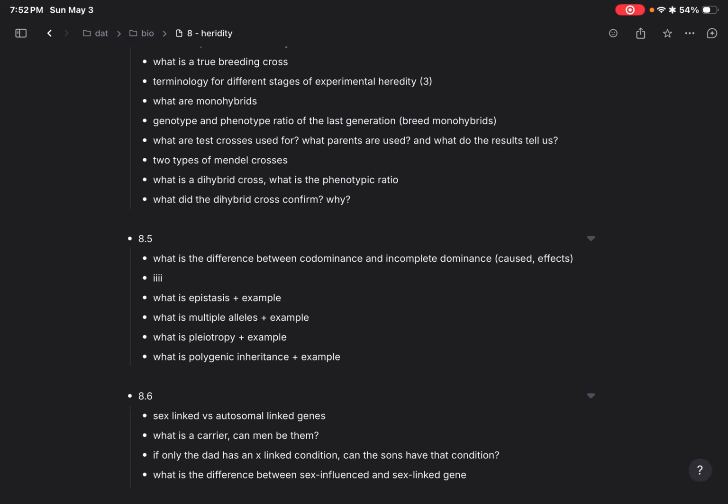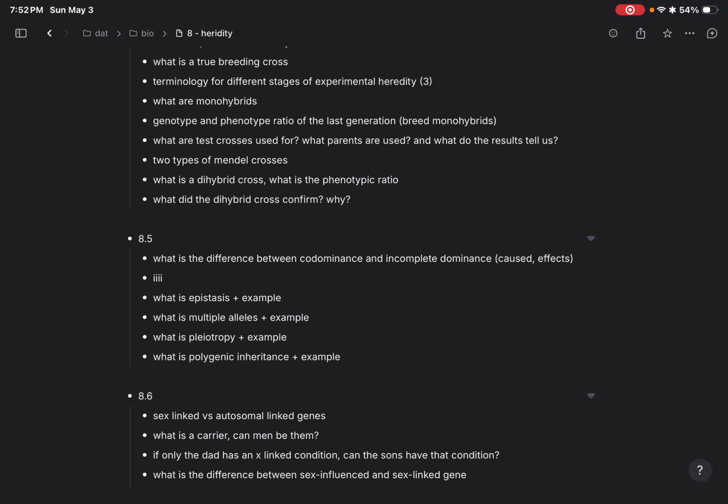What is codominance? Codominance is when you have two fully dominant alleles, and they're both equally dominant and both expressed in the phenotype. So if you have red and white, it'll be red and white spots.